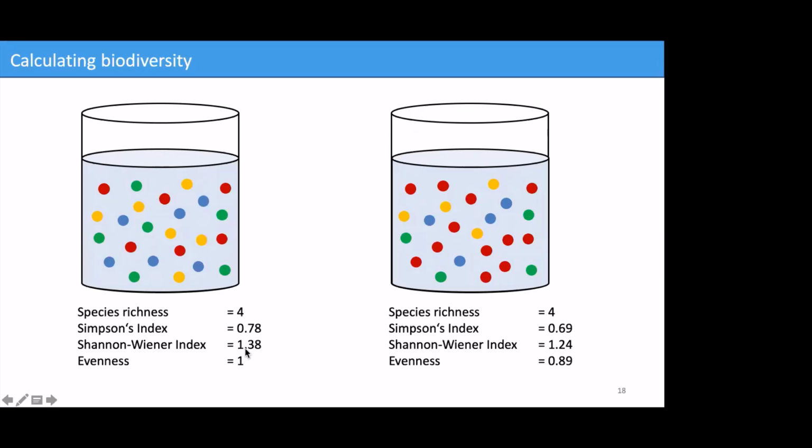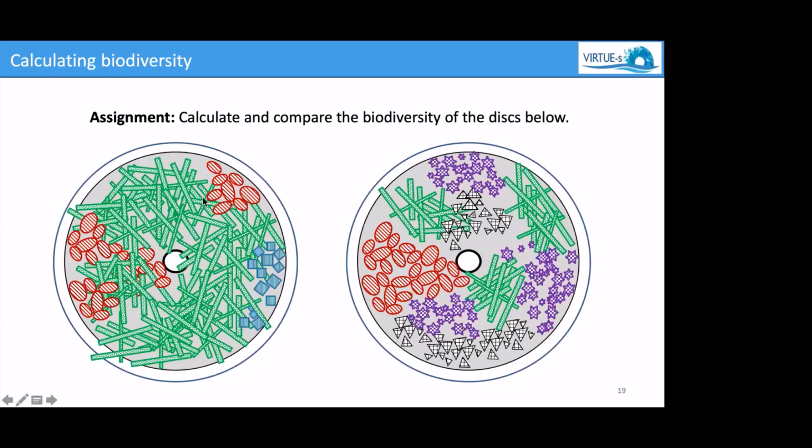Also with the Shannon-Wiener index, if I get a sample here, and I don't see it, then I am more uncertain to know what I will get from this sample.